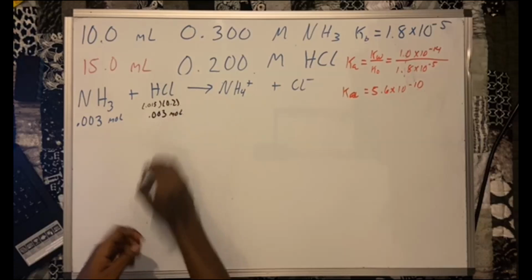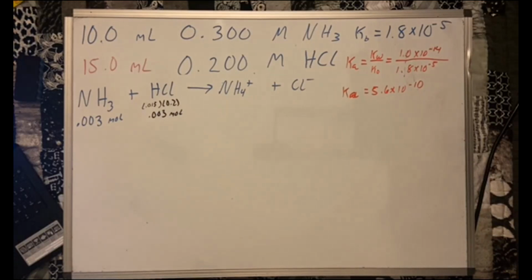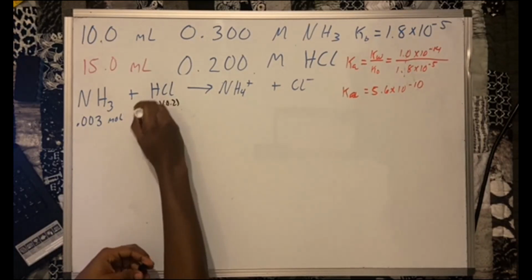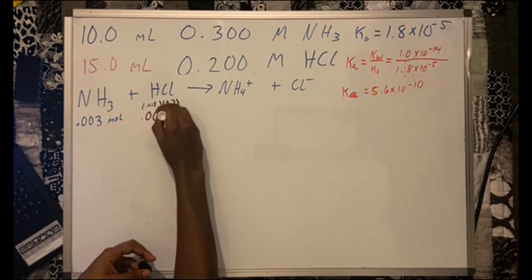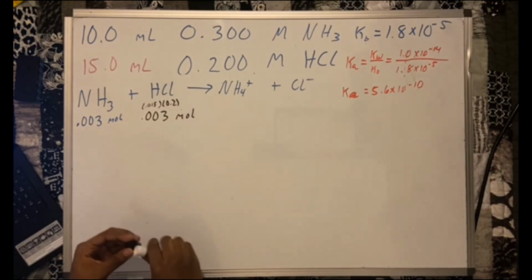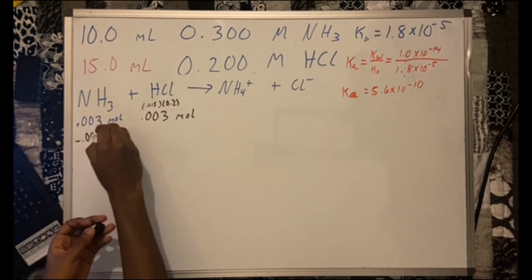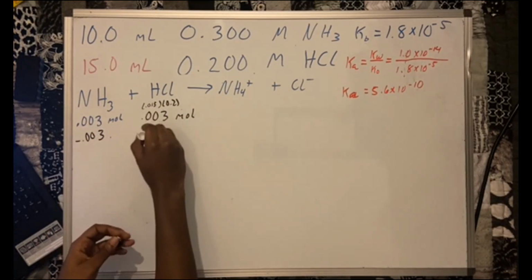Hopefully, if I set up this problem like I wanted to. You can barely see that, so bigger. 0.003. Okay, they're the same, so we'll subtract the lowest number, which is 0.003.